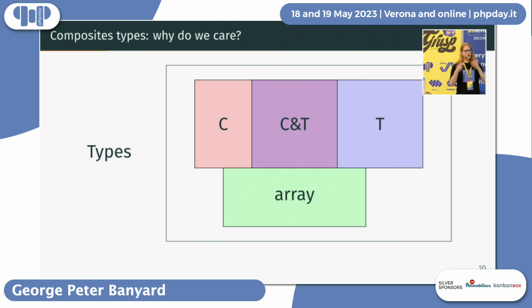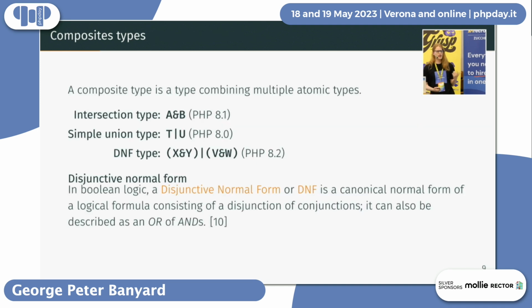If I only have Traversable, I can only traverse it in a loop. So the intersection of both types allows us to do more with the value. The reason why I put array is because Countable and Traversable is kind of the same as an array for most operations, which brings us back to why we have DNF types: I want something which is of type Countable and Traversable, or something which is of type array. And then you can do all of the operations, such as a for loop and counting it.